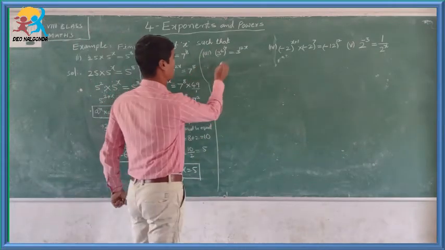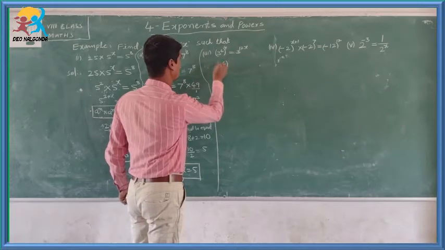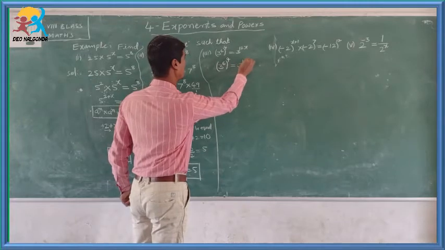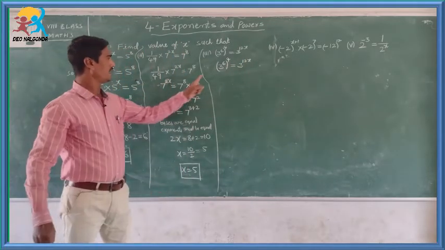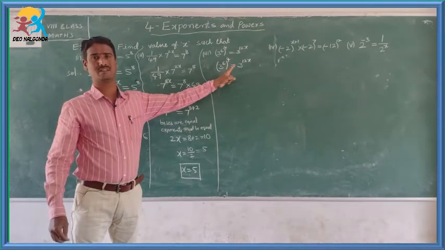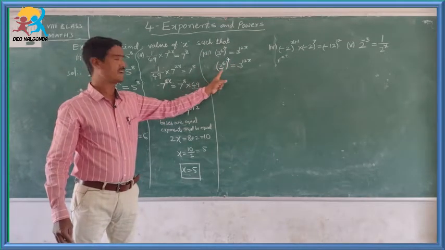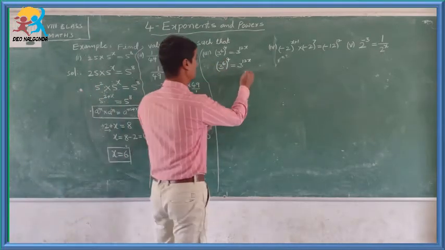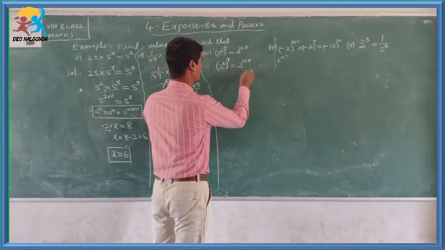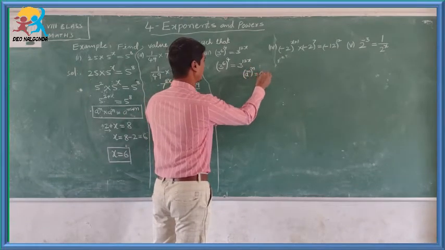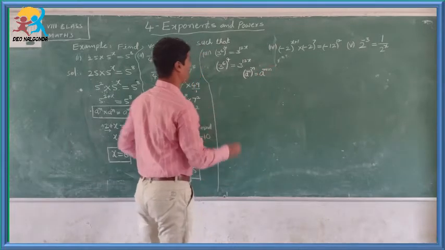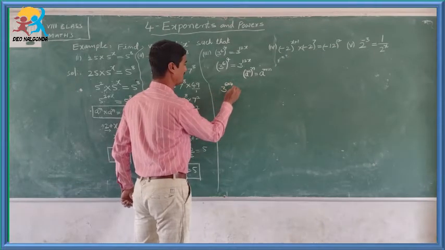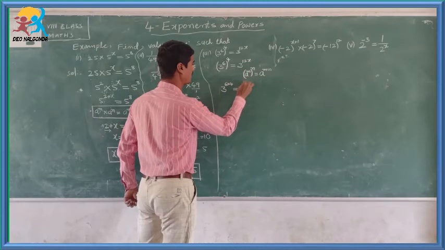3 power 6 whole power 4 is equal to 3 power 12x. Here is a power of a power. We know the formula a power m whole power n equal to a power m into n. So this can be written as 3 power 6 into 4 equal to 3 power 12x.